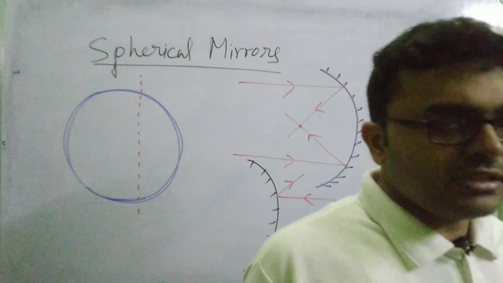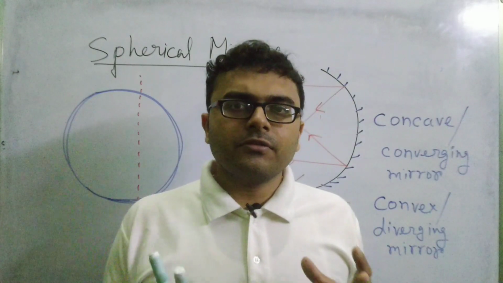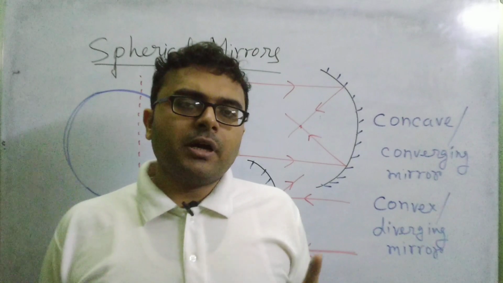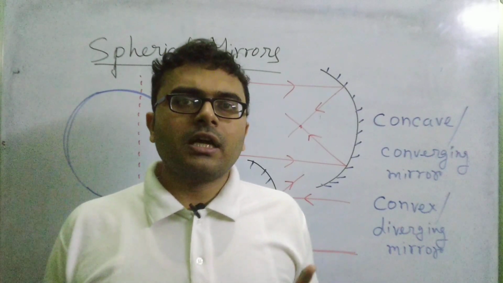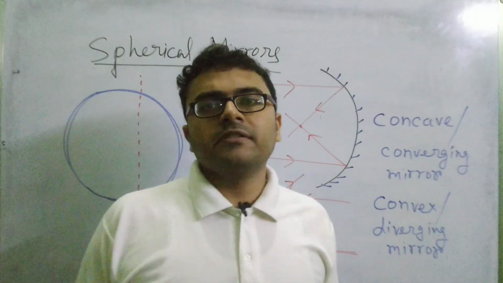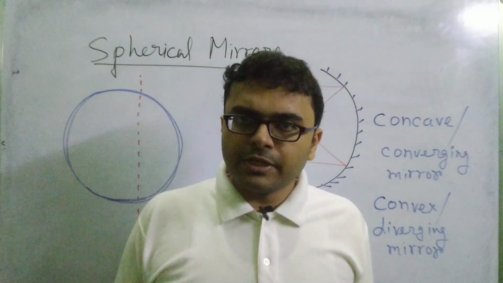I am just repeating the definition once again. The mirror which is being formed by cutting a part of a hollow, transparent glass sphere and then silvering one of its surfaces can be regarded as a spherical mirror.